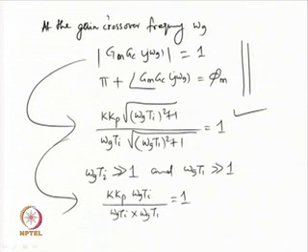So, what I have done with the assumption of omega g Ti greater than 1 and omega g T1 very large compared to 1, then the magnitude of the loop gain at the gain crossover frequency gives us an expression of the form K Kp omega g Ti divided by omega g Ti omega g T1 is equal to 1.